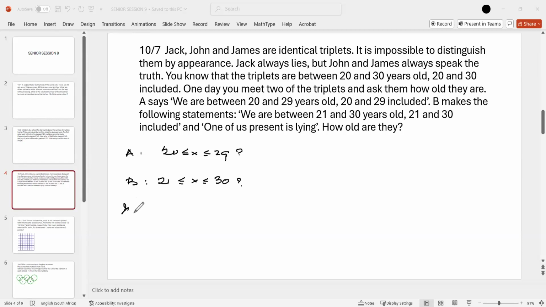Now, if B is a liar, then everything he says is a lie, like what he just said now. Then it is a lie that one of the two is lying.